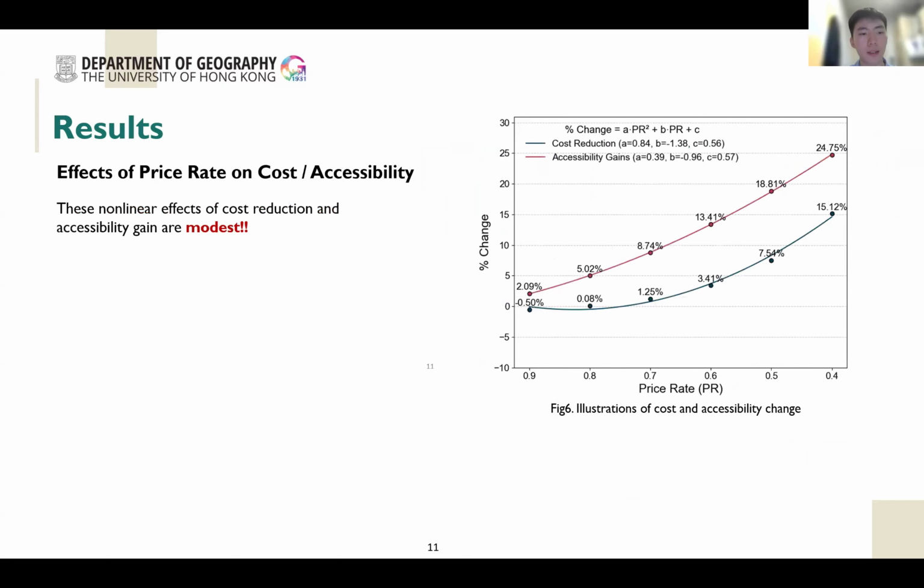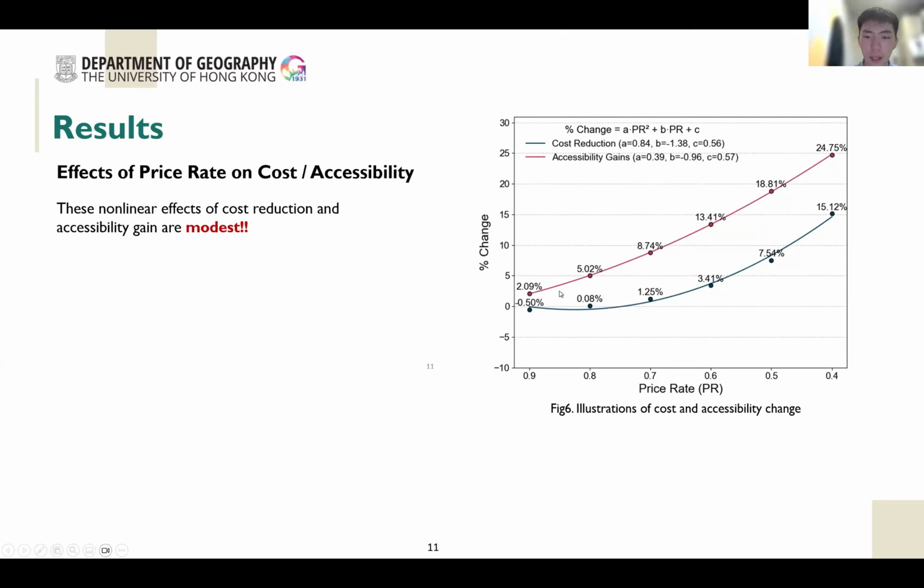And we also evaluate the effects of the price rates on the cost and accessibility. The accessibility measure here is simply the weighted travel time at different census tracts. We can see that lower prices can reduce the cost and also increase the accessibility, which means reduced travel times.